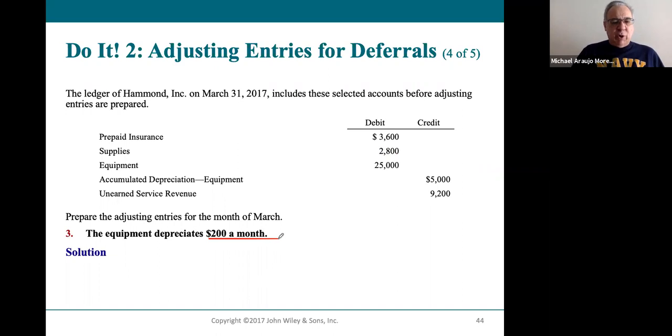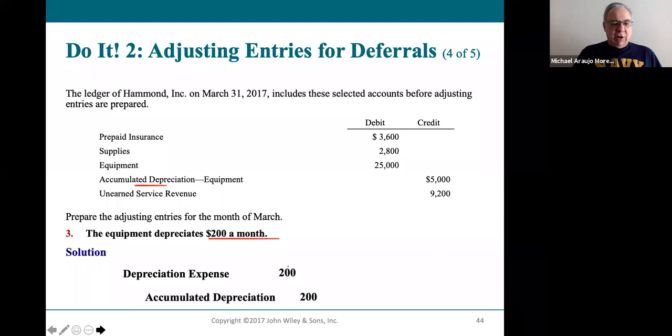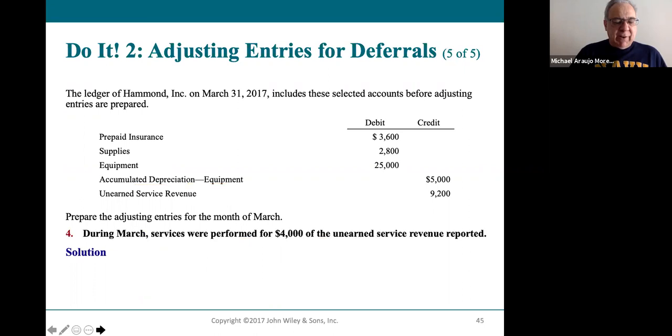Equipment depreciated at $200 a month. We have accumulated depreciation that's going to be affected here. The depreciation expense gets debited by $200. Accumulated depreciation, and it should be dash equipment here, it should be this particular formal name, gets the credit for $200. And the very last thing is, look, we owed people $9,200 of work.